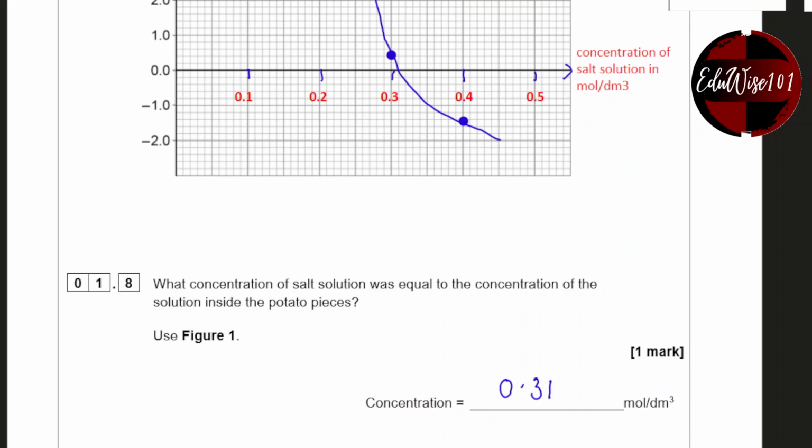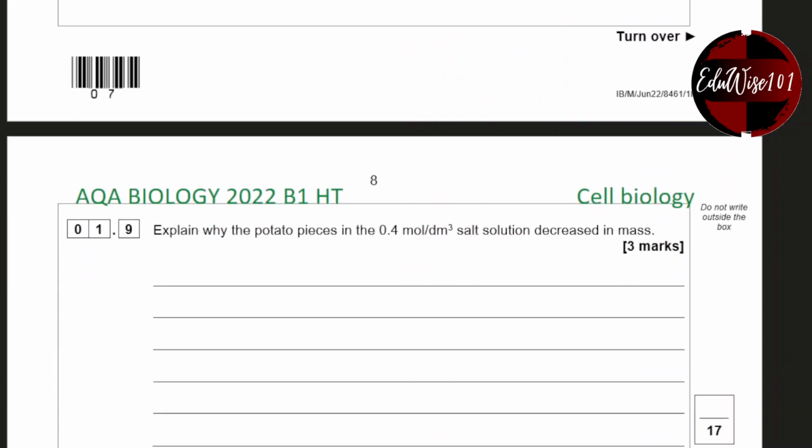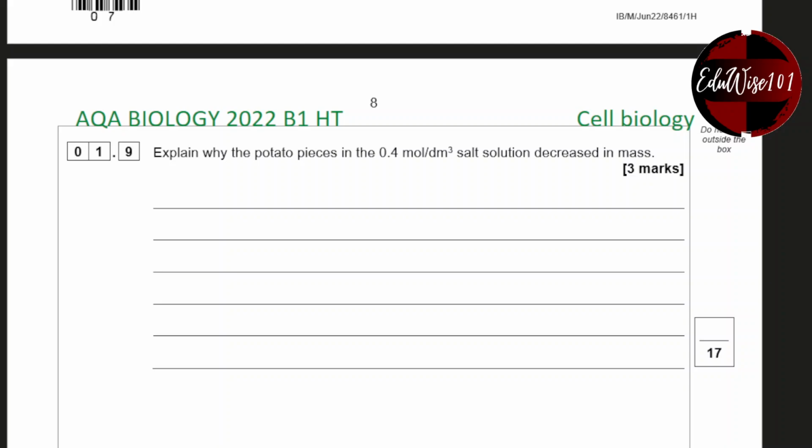Next question. Explain why the potato pieces in the 0.4 mole per dm cube salt solution decrease by mass. The only reason that the potato pieces will decrease by mass is if they're losing water.